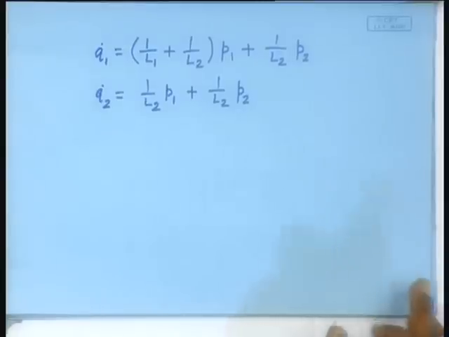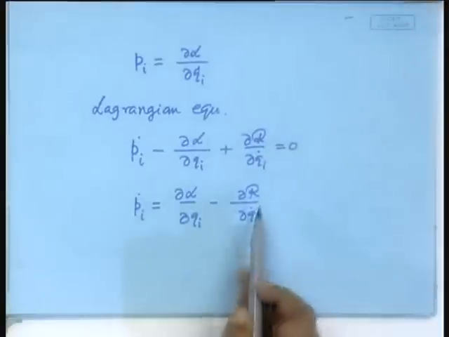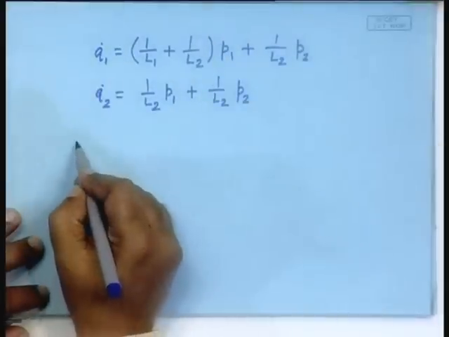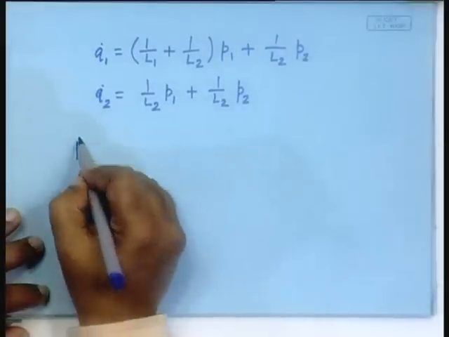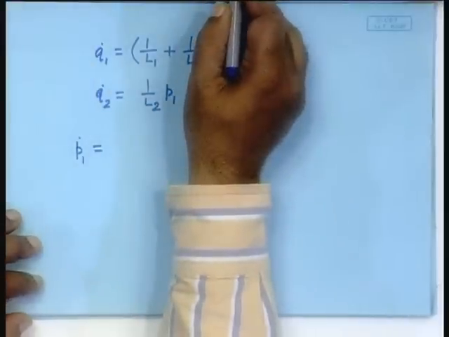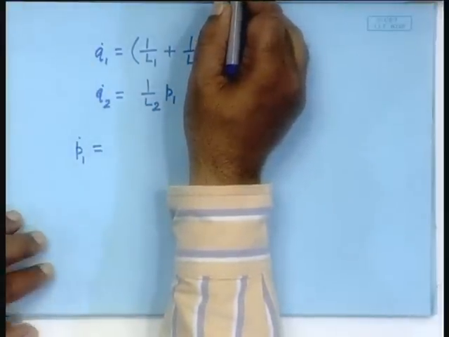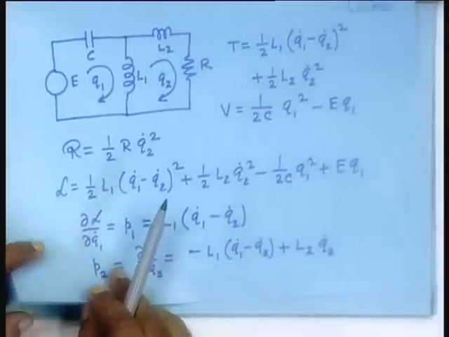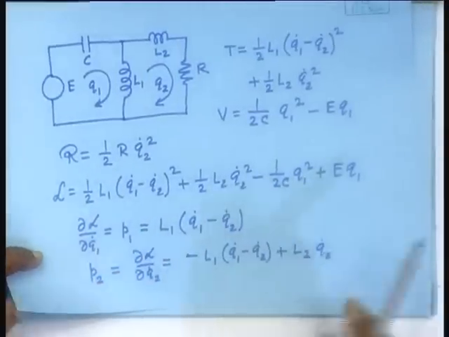In this case they will have to be obtained from this equation, because the R term is there. So, p1 dot is equal to the derivative of the Lagrangian with respect to q1, that will come to be these two terms.